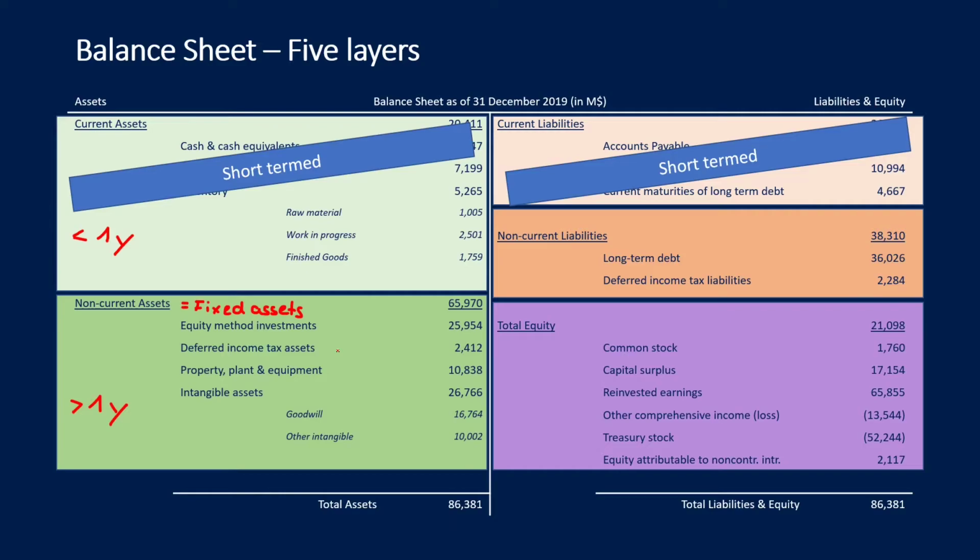The same is true on the liability side. The current liabilities are meant to be due in less than 1 year, and the non-current liabilities are meant to be due in more than 1 year.